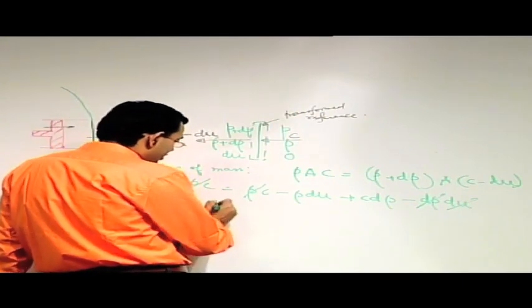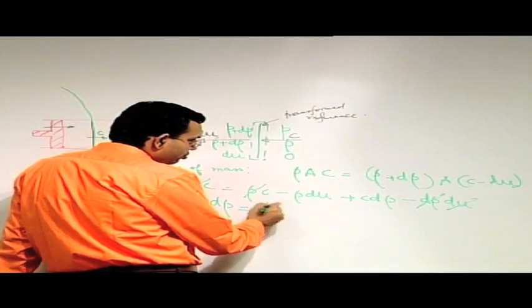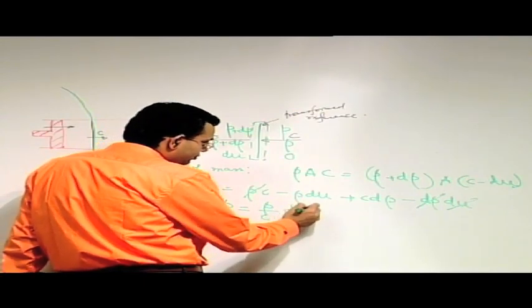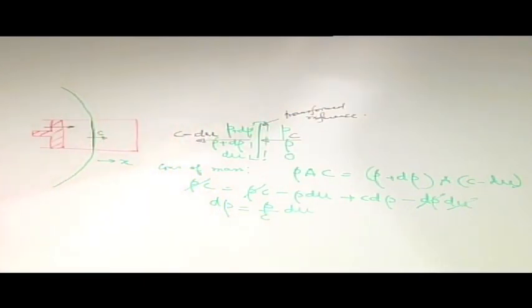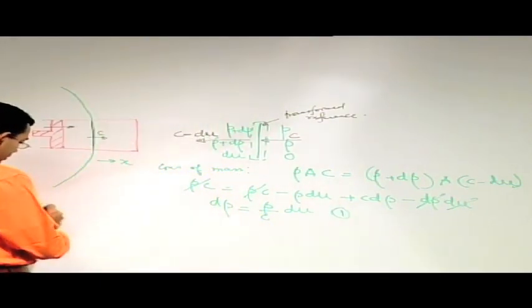So, we can write that d rho is equal to rho by C du. This is what we get from conservation of mass. Let us say this is equation number 1.